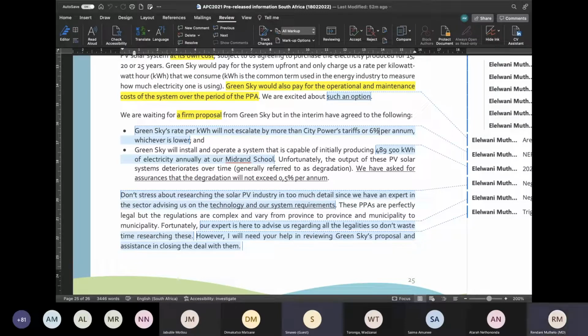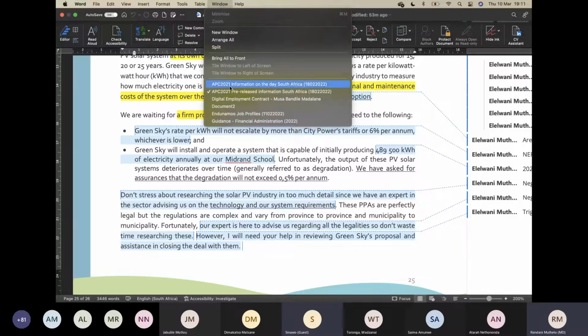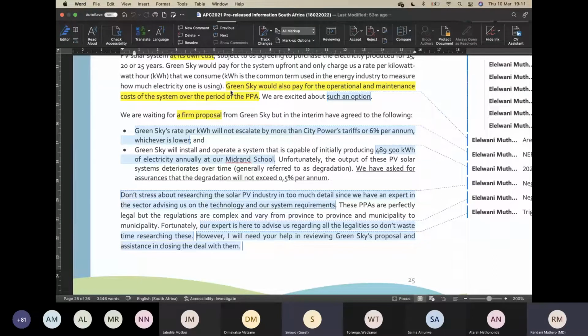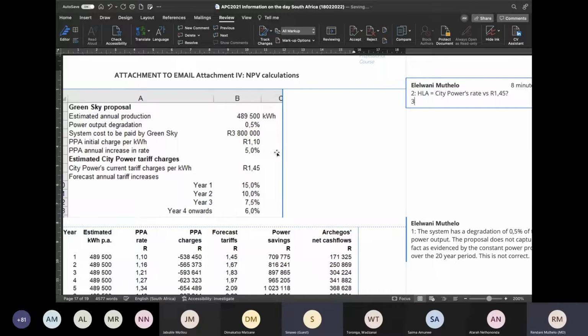Helena is sharing a very interesting point to say the forecasted tariff is exaggerated to make the savings appear more. And that's an interesting point, because this company will want you to enter into the agreement, and for you to enter into the agreement, you need to see the savings.